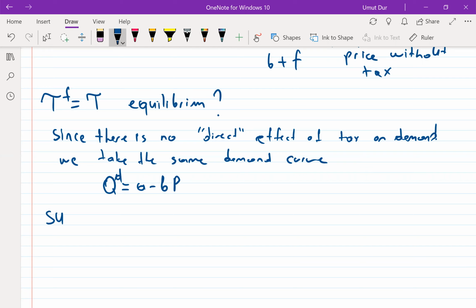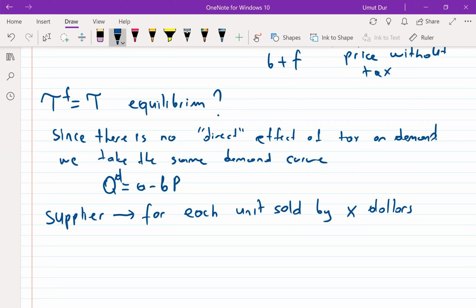For supply, remember, for each unit sold by X dollars, the seller pays tau dollars to the government.